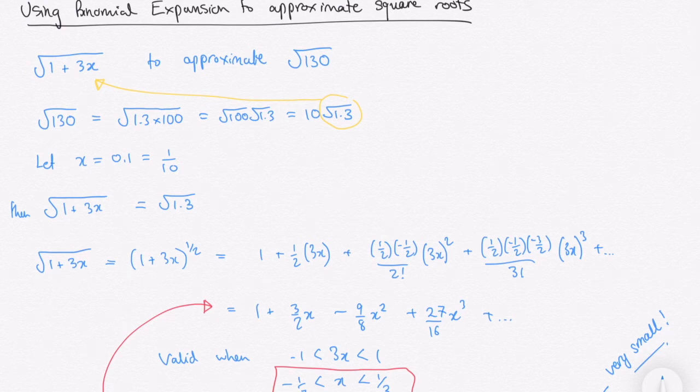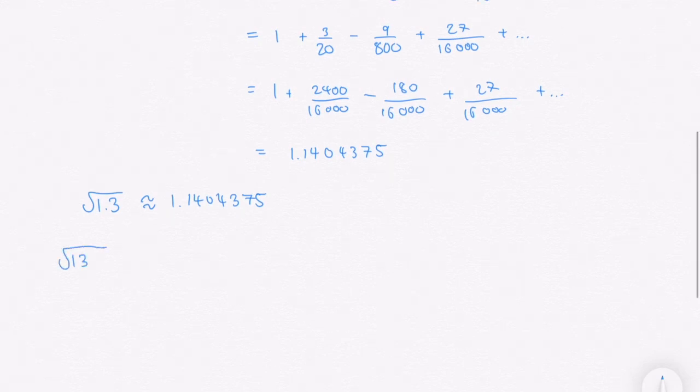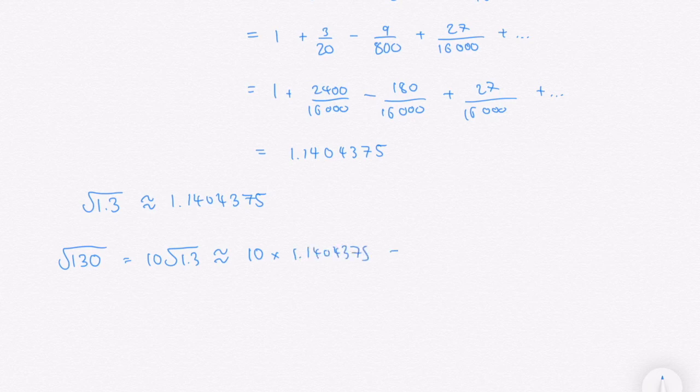Notice the square root of 130 is 10 times the square root of 1.3. So the square root of 130 is equal to 10 times the square root of 1.3, which is therefore approximately equal to 10 times 1.1404375, which is 11.404375.